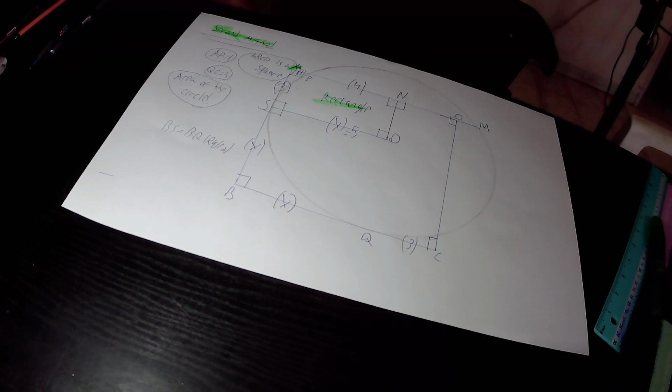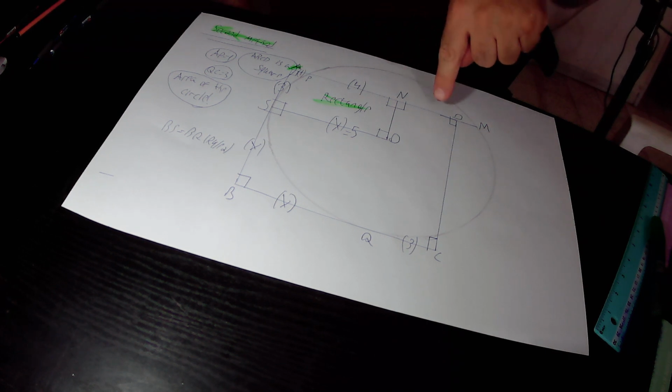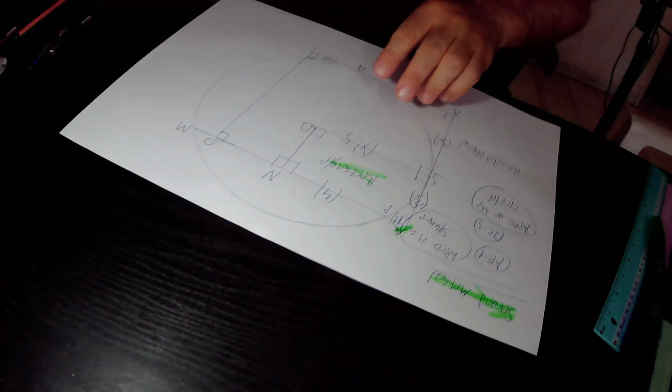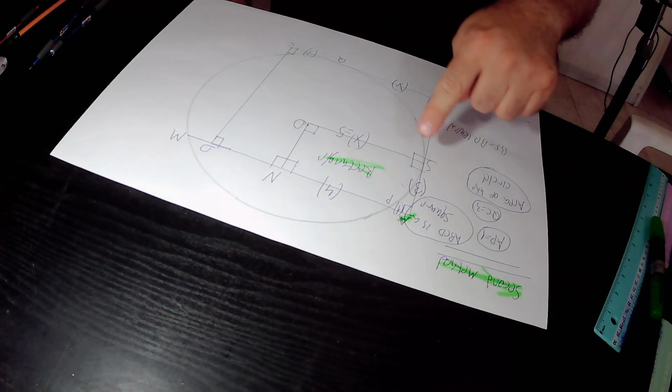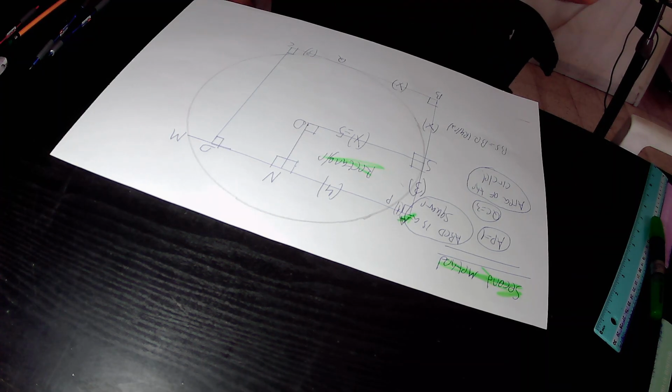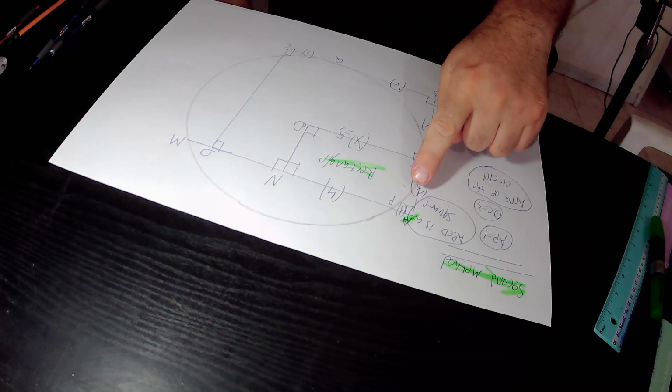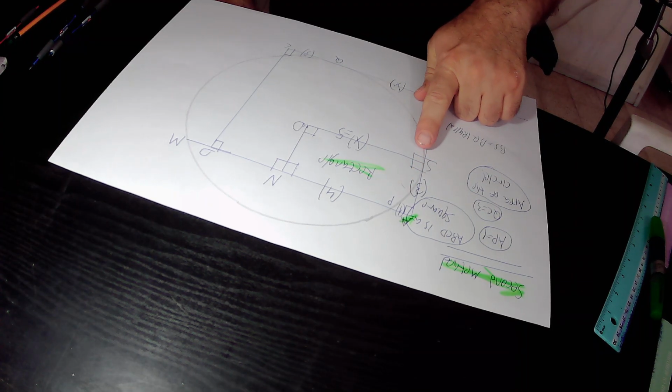So, inside quadrangle ANOS, we have 1, 2, 3 right angles. This angle equals 90 degrees according to our construction. This angle equals 90 degrees because ABCD is a square, and this angle equals 90 degrees according to rule 1.